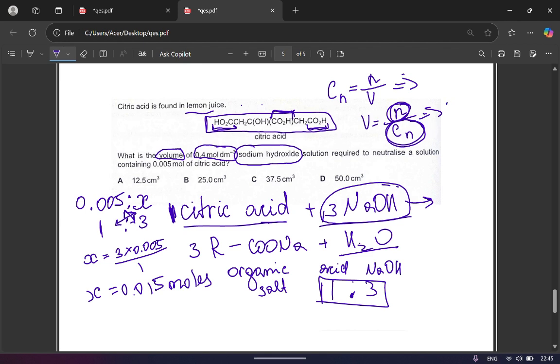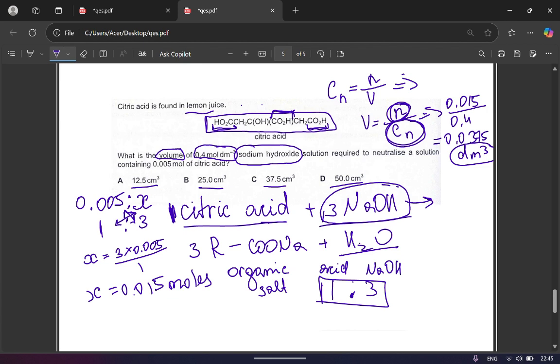So let's just do it. We have 0.015 moles over 0.4 mole decimeter cube, and so the answer is 0.0375, but it's not in centimeters cube as in the options, it's in decimeter cube.